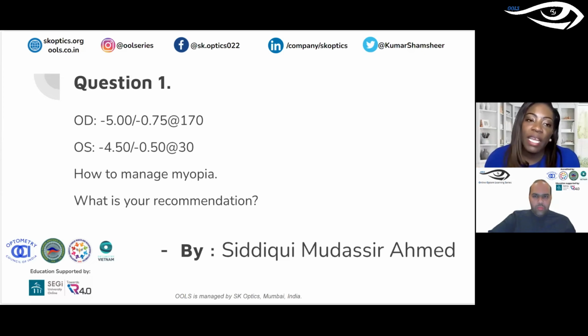That's why the IMI guidelines even recommend just going up to the 4 with children. So that would be my only reservation with using ortho K for this child. I would probably go with the soft lenses, or perhaps the atropine, but I'd lean more to the soft lenses just based on the studies showing the efficacy.